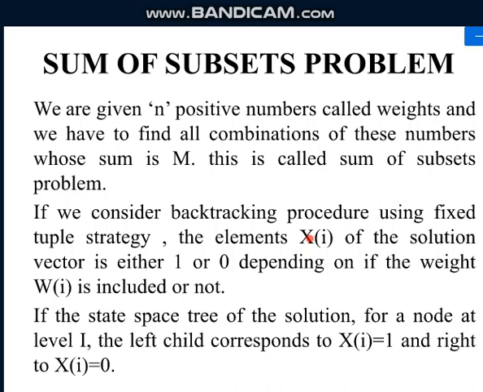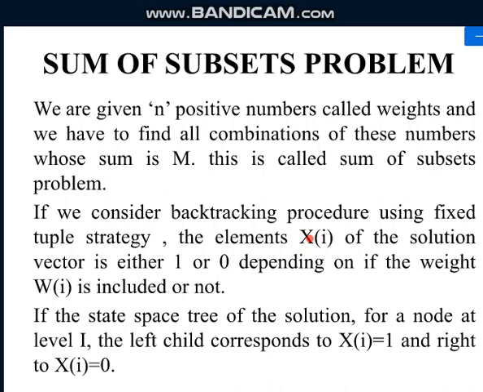Then we consider the next element and find the sum of those elements, then the third element, and find the sum. This is how you check whether you have to consider that element for the solution set or not.